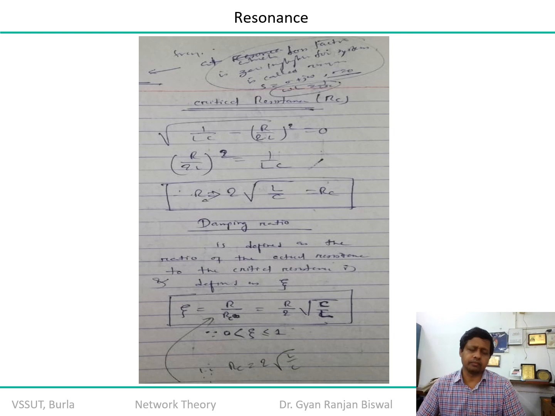There are many ways, and one way is that the resonance frequency of the circuit is the frequency at which the performance of the system is attained at its highest level.